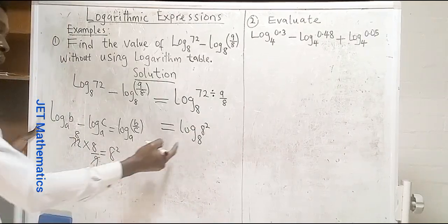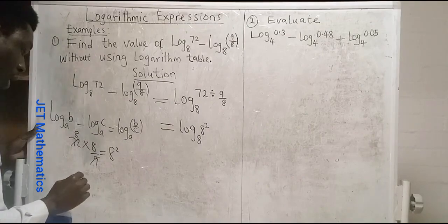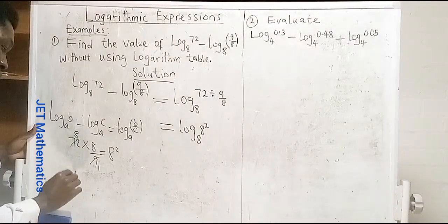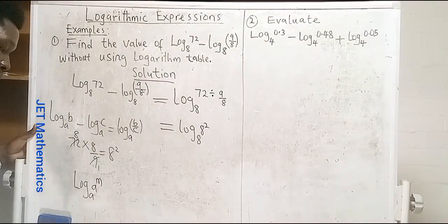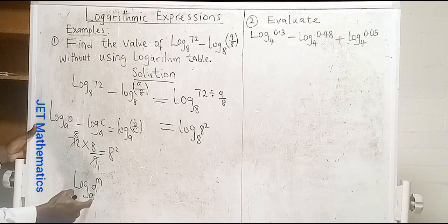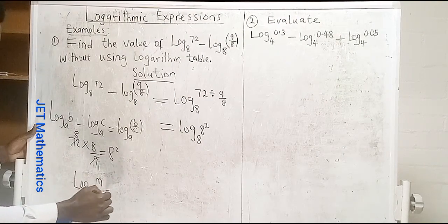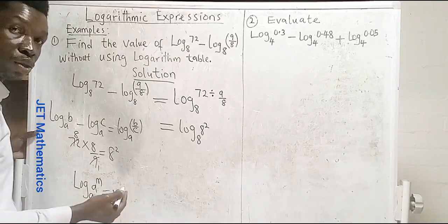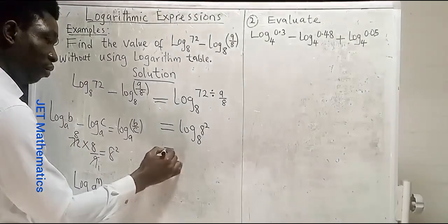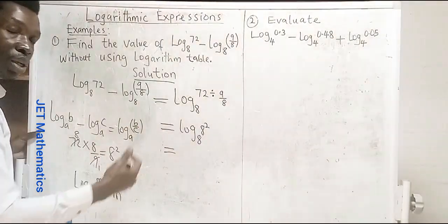Again, we are going to apply another law here. A law that says, if we have log a raised to the power m, like this, these two the same, and then a third one, then your result is just m. You can see that in our laws of logarithm. We've done about 4 videos on that.